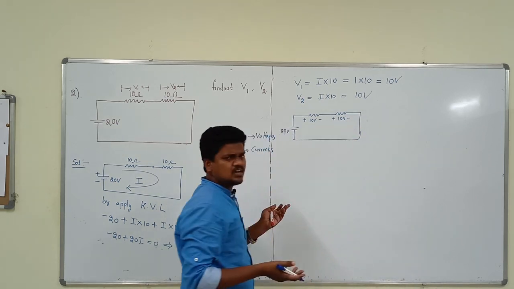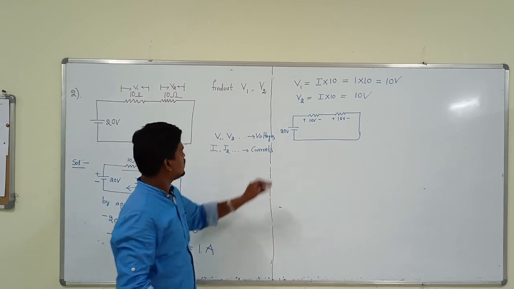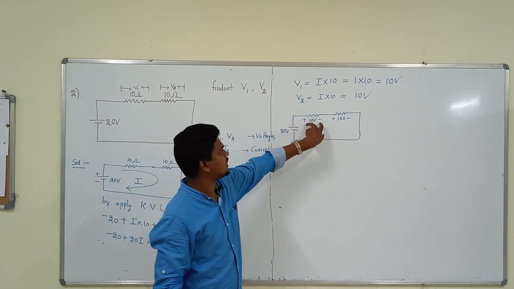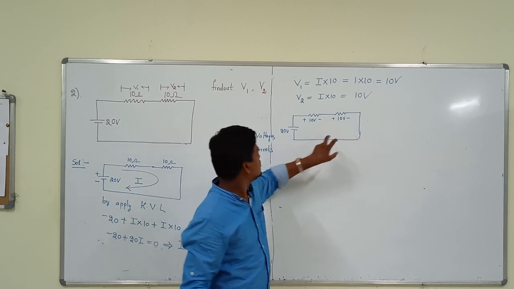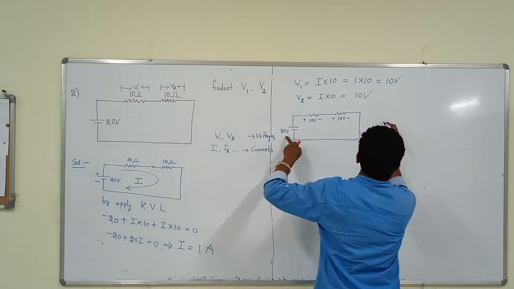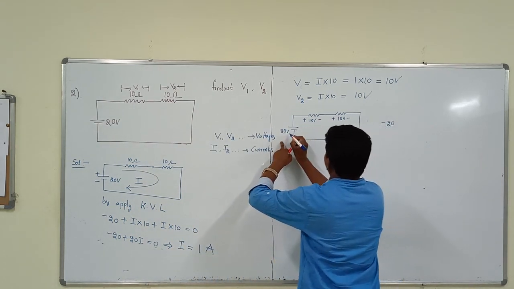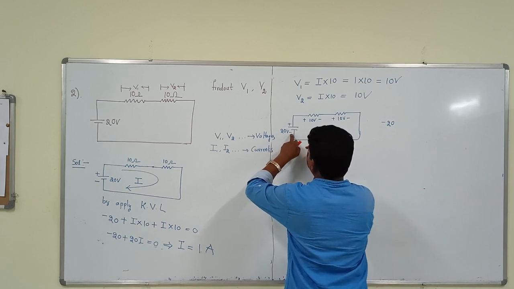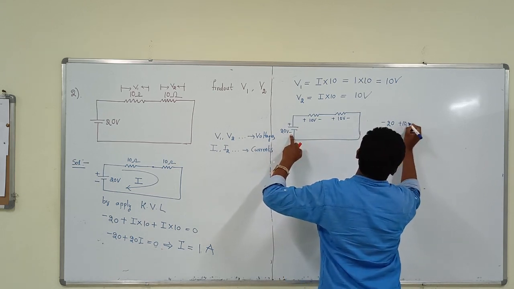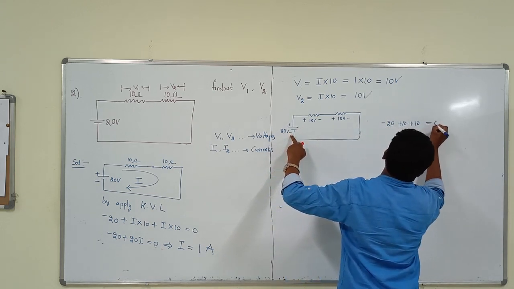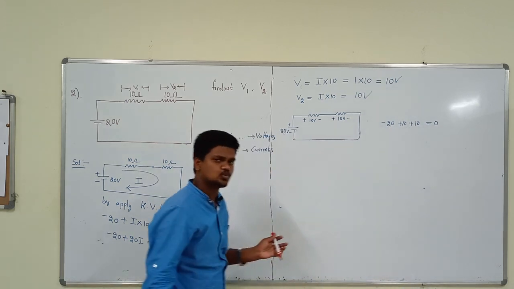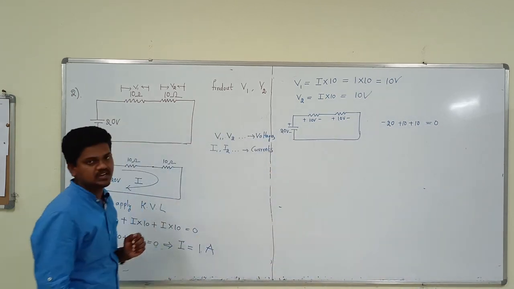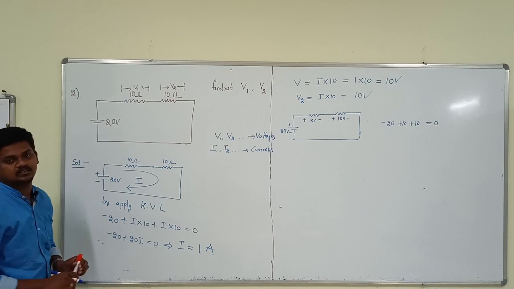If you apply the KVL, it is satisfied simply. 20 volts is supplied as 10 volts and 10 volts. The reason is here the minus 20, because we start from the minus. Always start from here, plus 10 will satisfy the 0. That's why we are applying the KVL here.